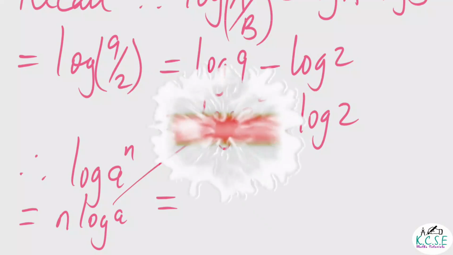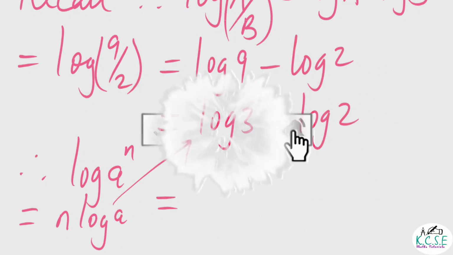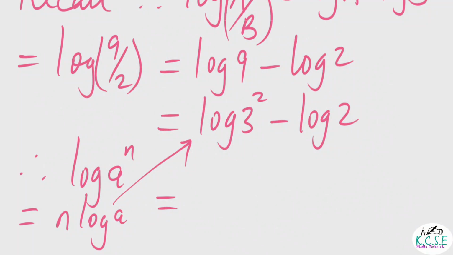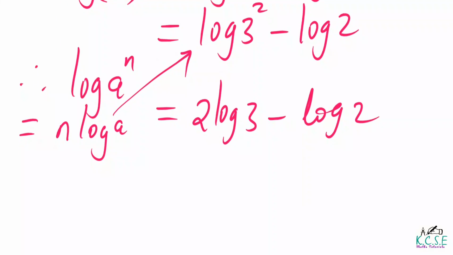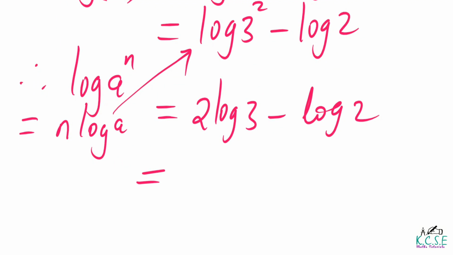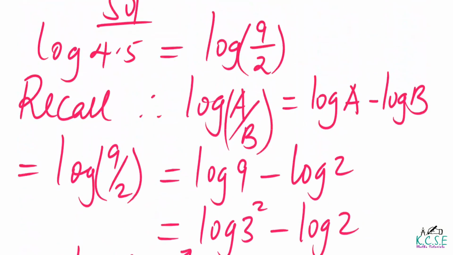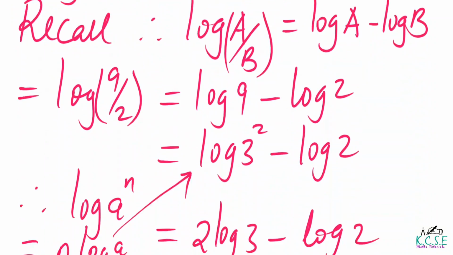So if we apply this here, log 3 squared will therefore give 2 log 3 minus logarithm of 2.